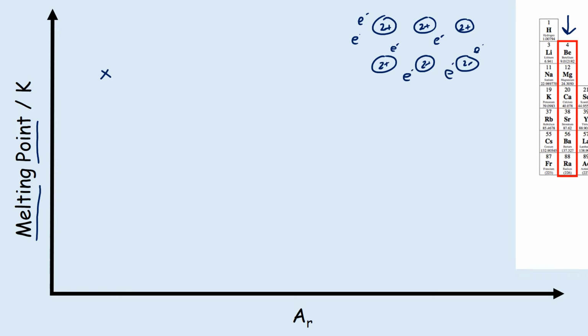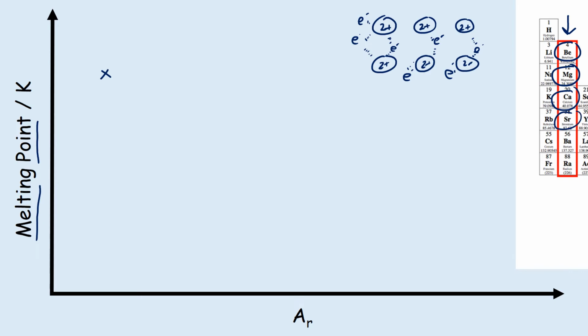I'm going to stop there, but I would have my sea of delocalized electrons, which is free to move, and I can explain why it conducts electricity and why it has a high melting point, because the electrostatic attraction between the sea of delocalized electrons and the regular arrangement of positive metal ions is strong, which requires a lot of energy to overcome. But we're comparing the different strengths as we go down the group.